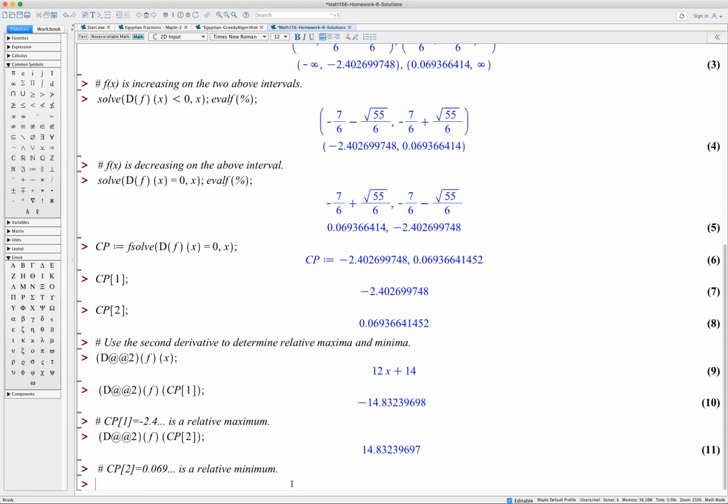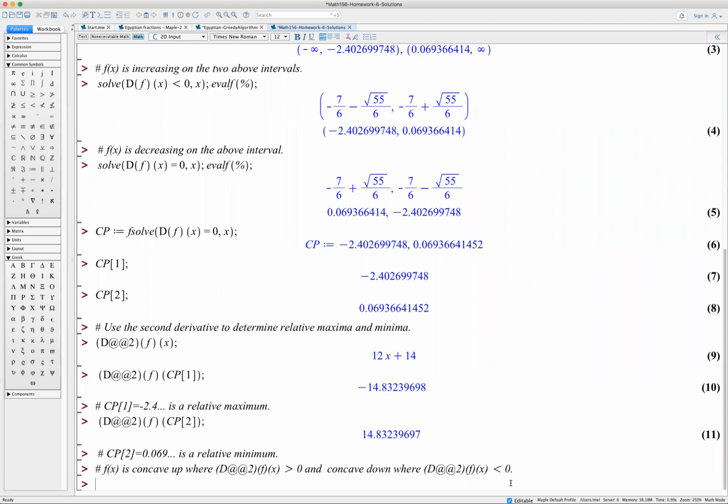What about concave up and concave down? We know that the function f of x is concave up where the second derivative is greater than 0, and concave down where the second derivative is less than 0.